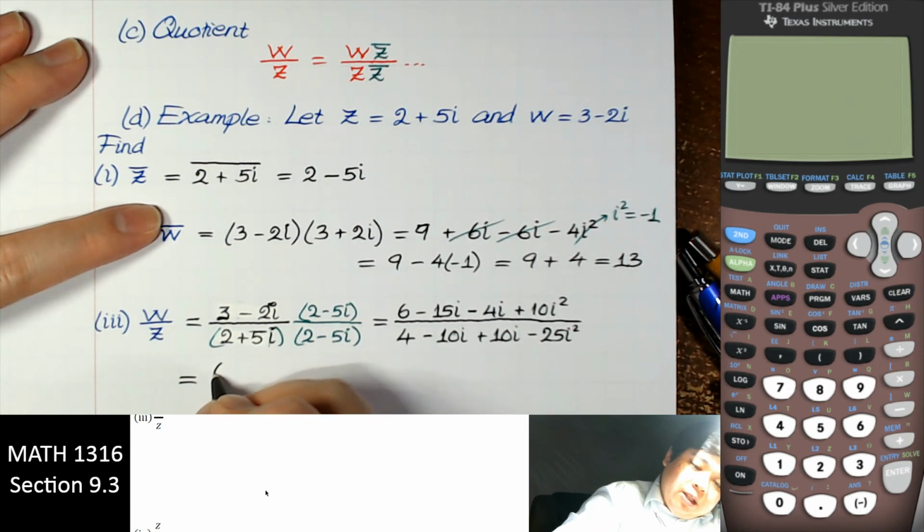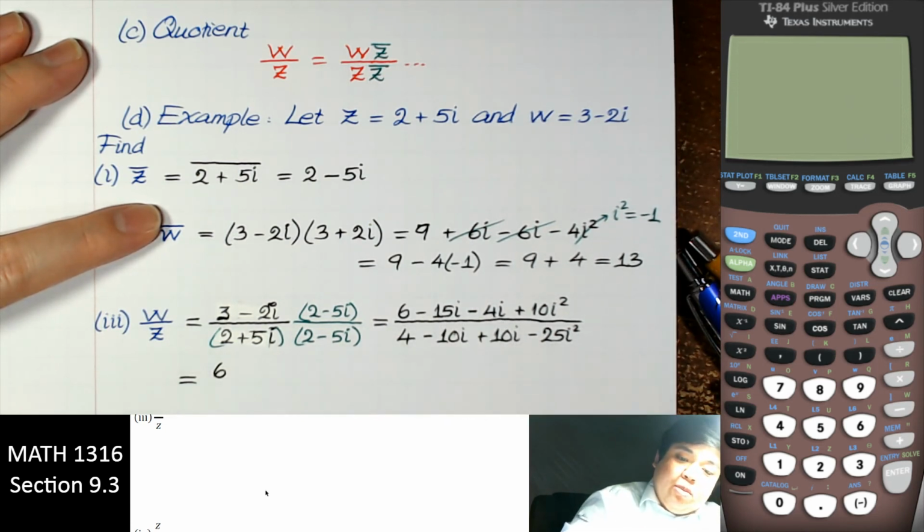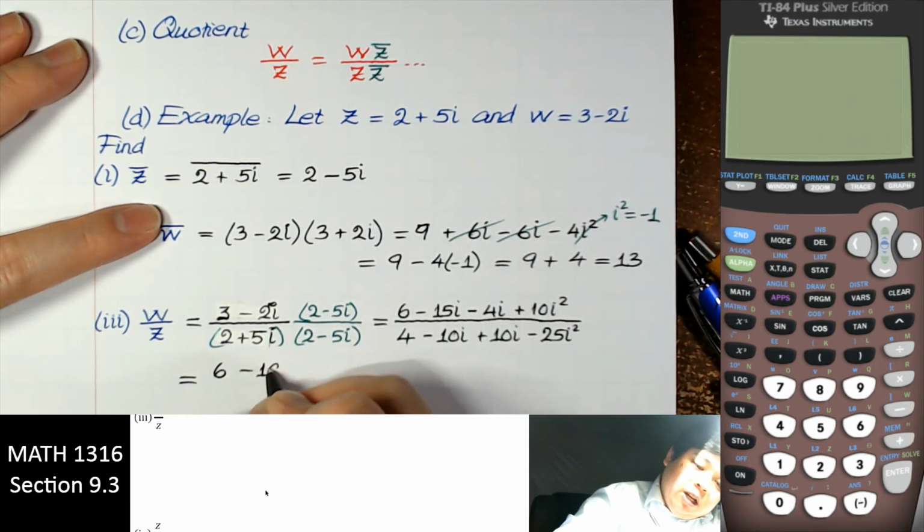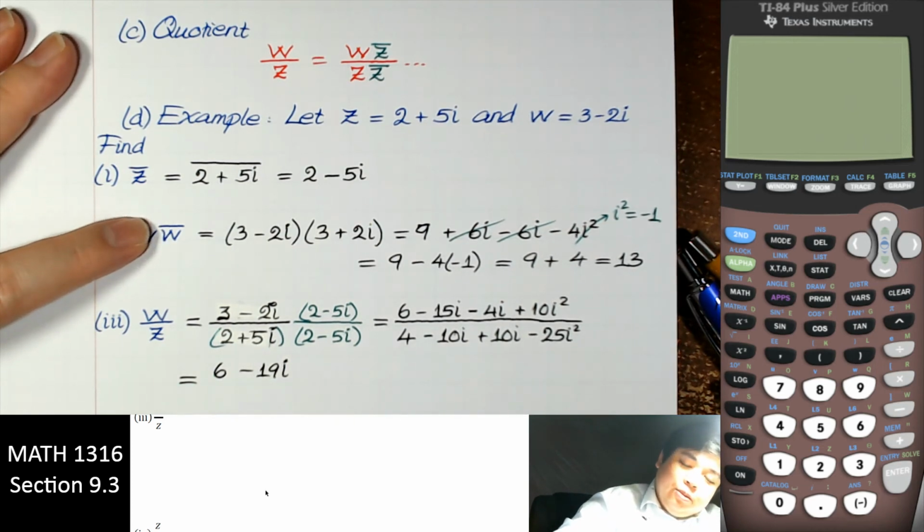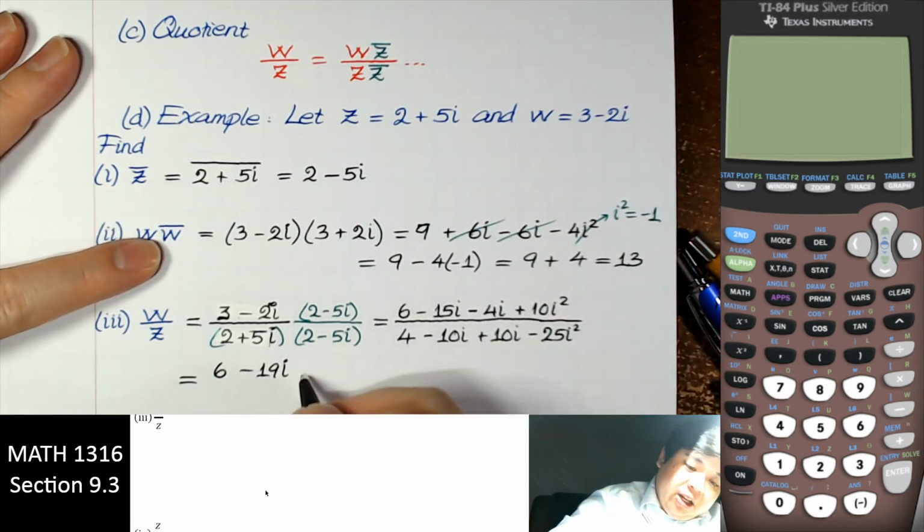So we have 6 minus 15 minus 4, minus 19i. I squared is negative 1.